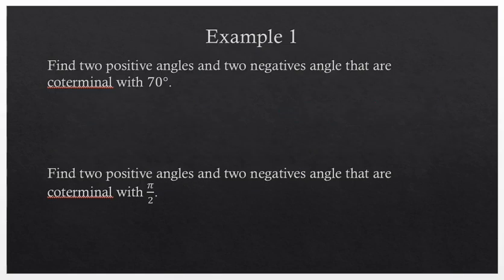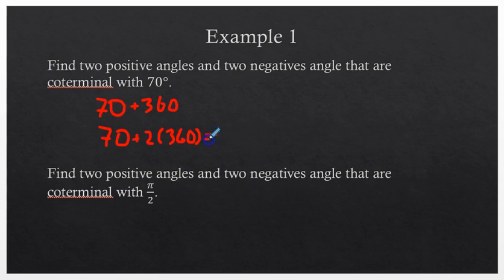Here's a quick example. They want 2 positive angles and 2 negative angles that are all coterminal with 70 degrees. So if I start with 70, I could add 360, or I could add 2 times 360. So this is 1 times 360, 2 times 360.